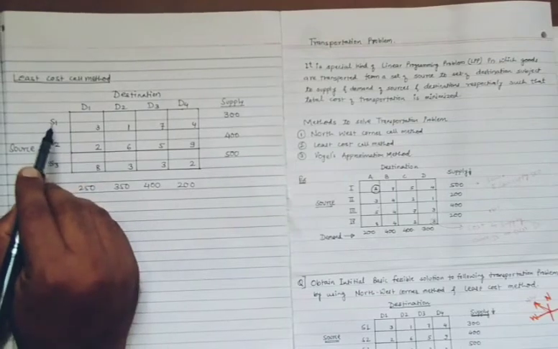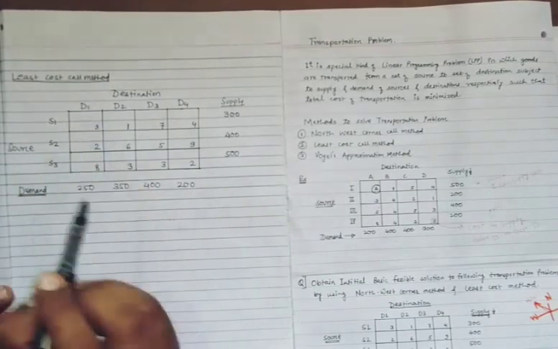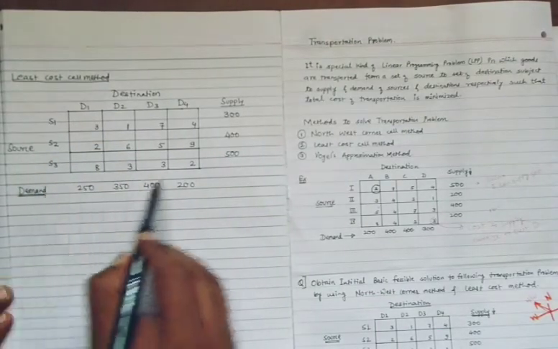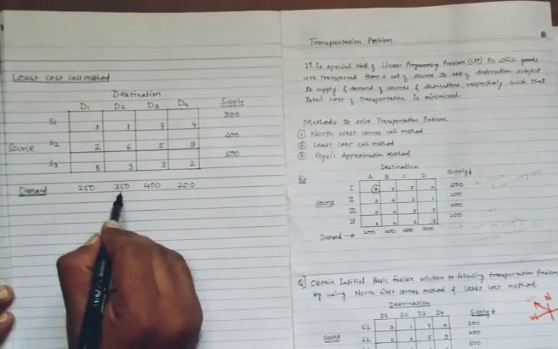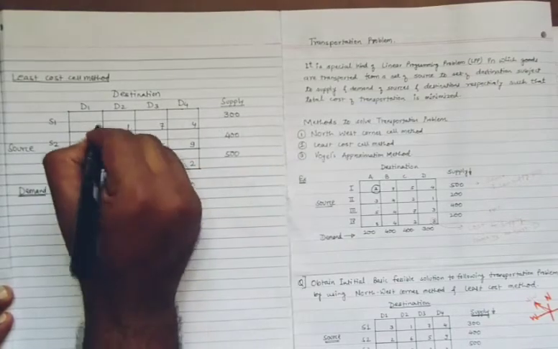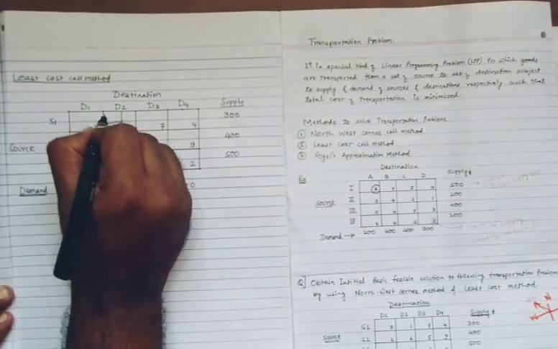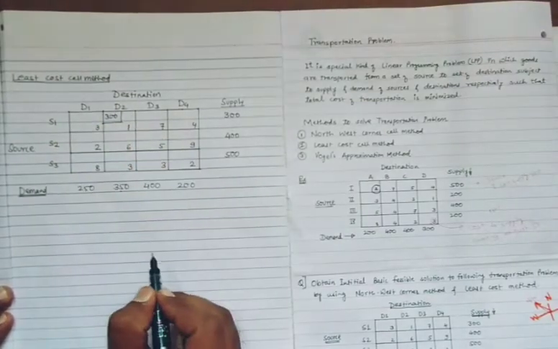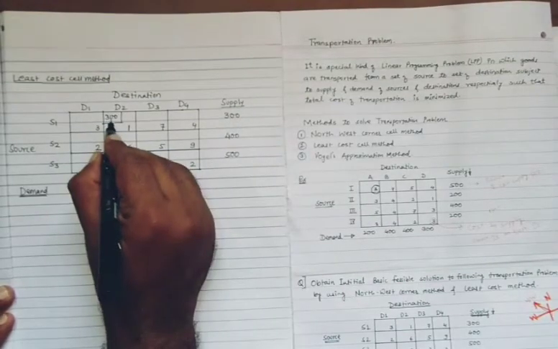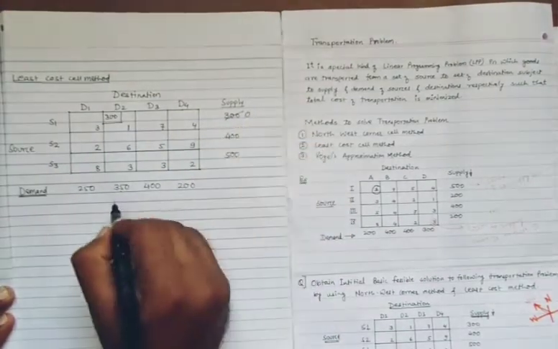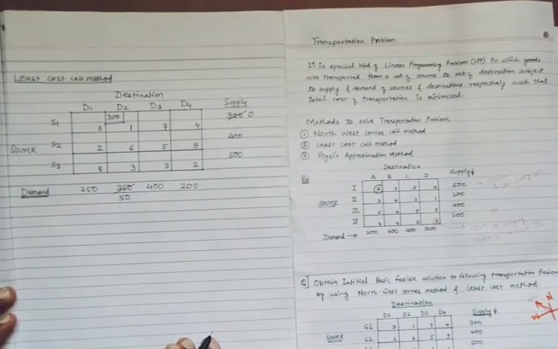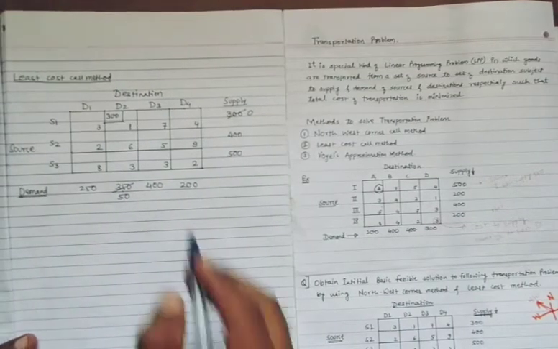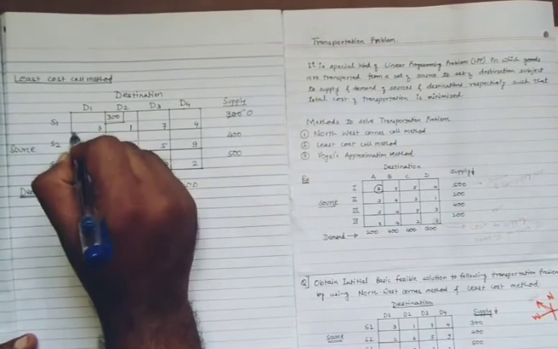Again comparing demand and supply of that cell, demand is 350 and supply is 300. So whichever is less, we have to write here. So 300 is less. Again, we subtract this 300 from this 300. It becomes 0 and this becomes 50 here. So as we can see, S1 can't supply anything.